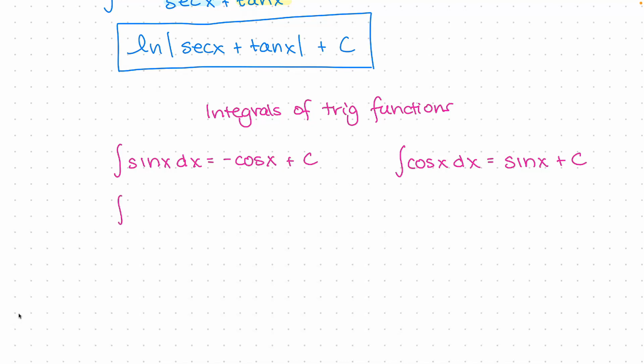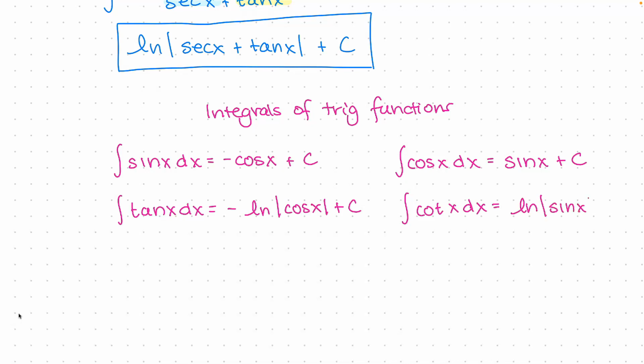Next up, I'm going to put tangent. The integral of tangent is negative natural log of the absolute value of cosine. So the integral of cotangent x dx is the positive natural log of sine. Look at the pattern that's happening.